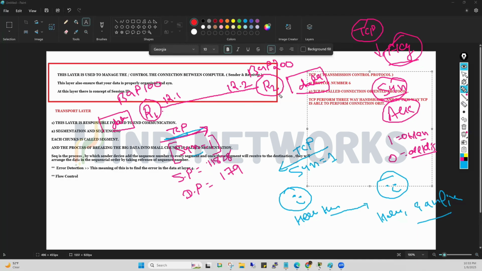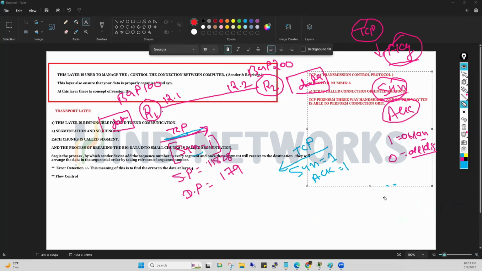R2 will give the acknowledgement of the TCP hello. R1 already sent the SYN bit on, so R2 will send the acknowledgement bit on. Clear, everyone?